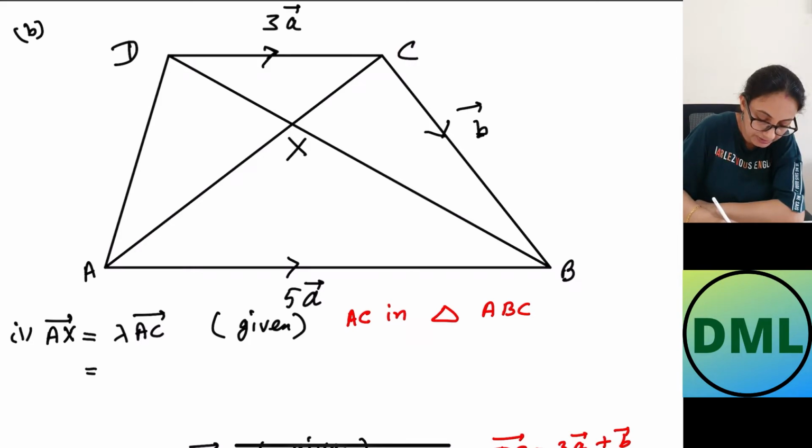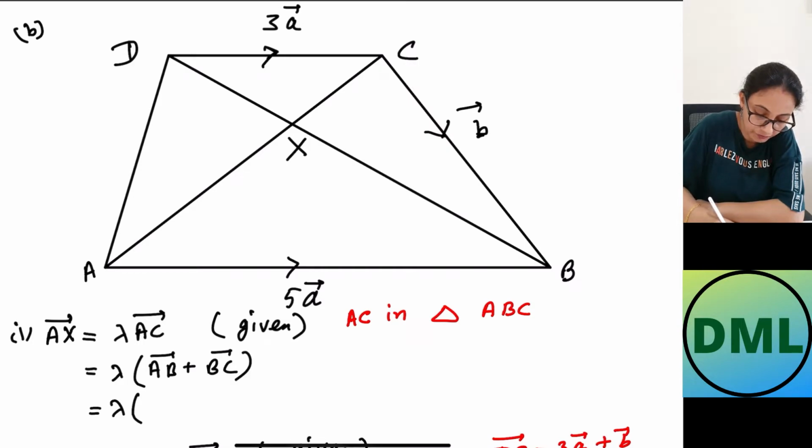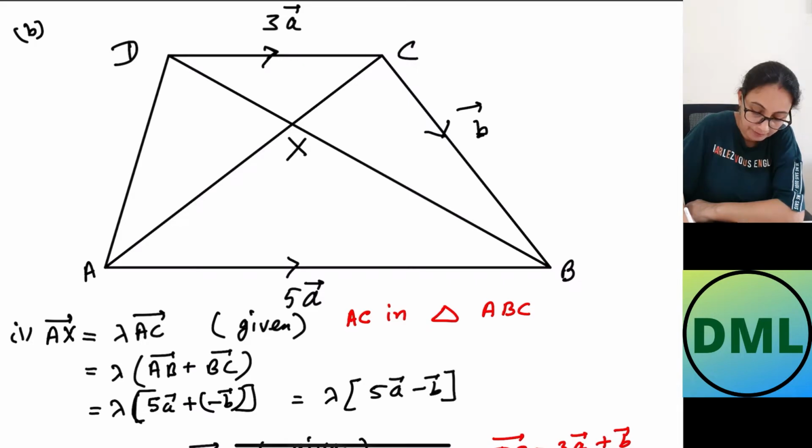So the vector AX will be lambda times the vector AC, and AC is AB plus BC. So that will be lambda times AB, which is 5a, plus the vector BC. For BC, you are going opposite to that vector, that will be negative b. So if I open it again, it will be lambda times (5a minus b).